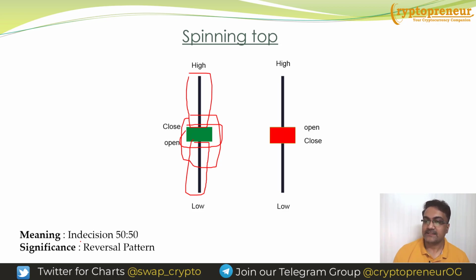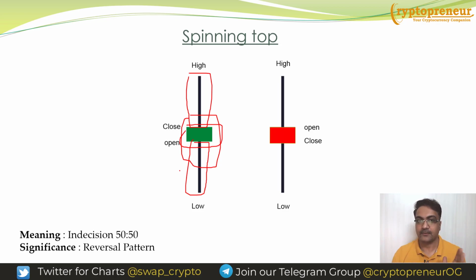A spinning top signifies indecision in the market. Okay, so once you see a spinning top in the market, consider that neither bulls nor bears are in dominance. You might see it in green color also, in red color also, but basically this type of candlestick shows the chances of reversal in the market.